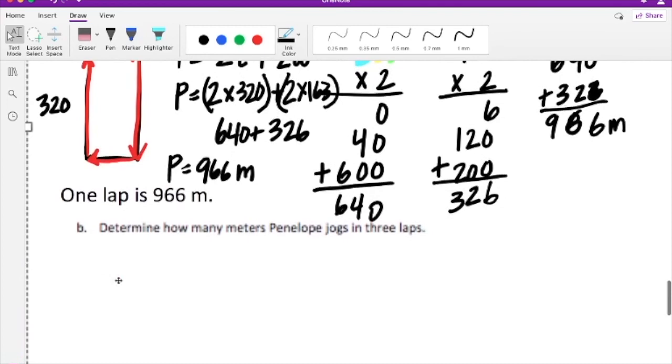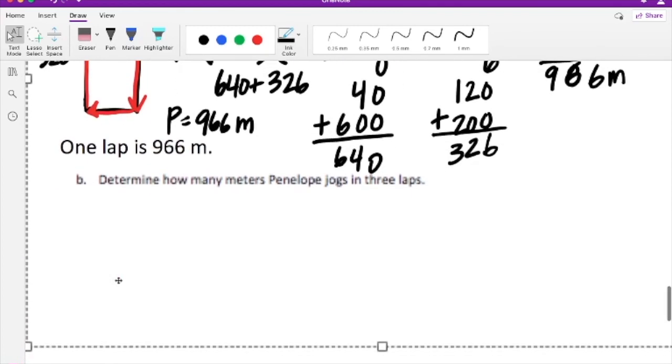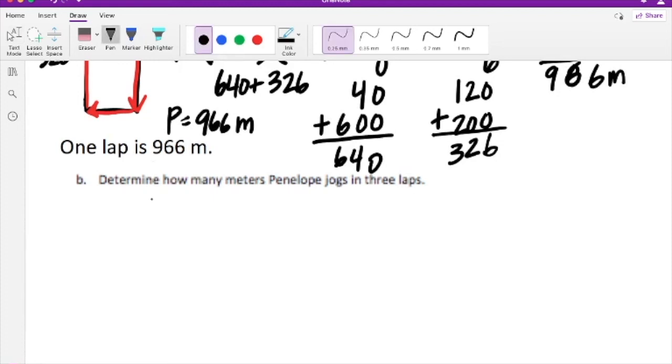All right, now they want to know how many meters is 3 laps. Well, 1 lap is 966. So for 3 laps, we would do 966 times 3. I'm going to use partial products again. I'm going to do 6 times 3. That's 6 ones times 3.